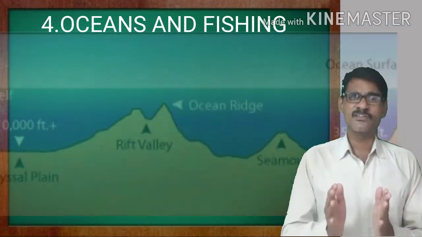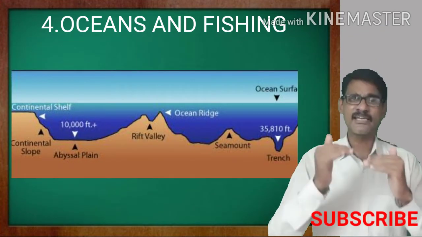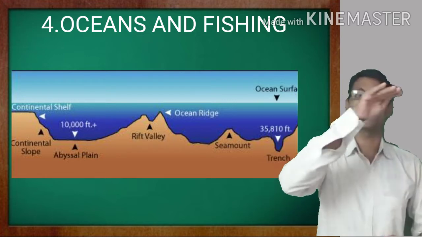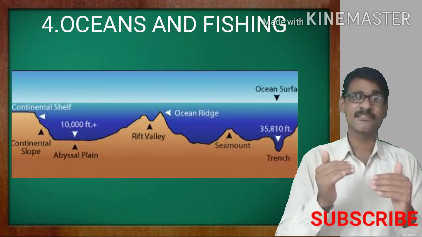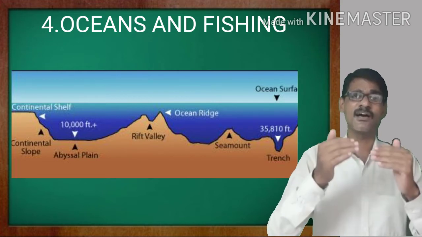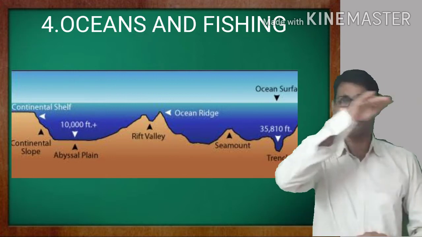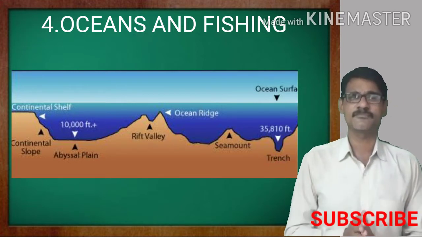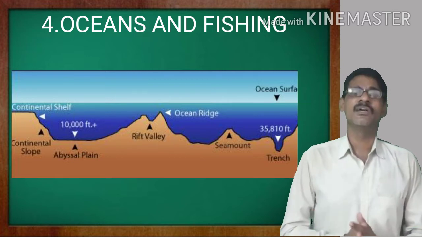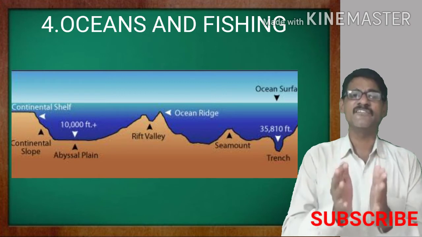Before going to that, we have to know what lies under the surface water. Do you know what things are preserved under the surface water of the oceans or the seas? These are the ocean relief features.